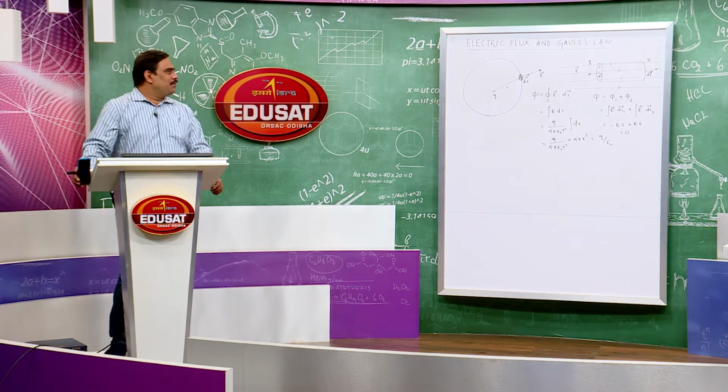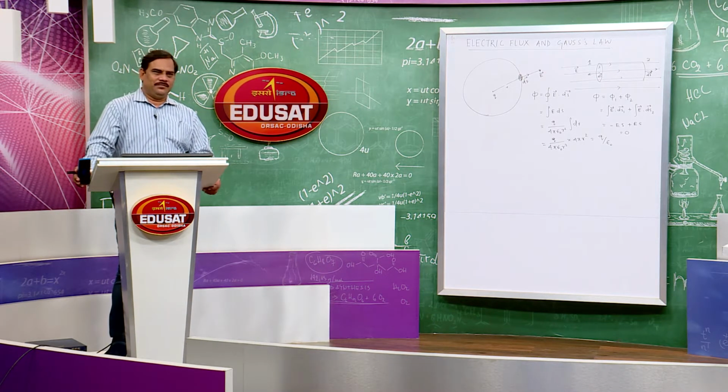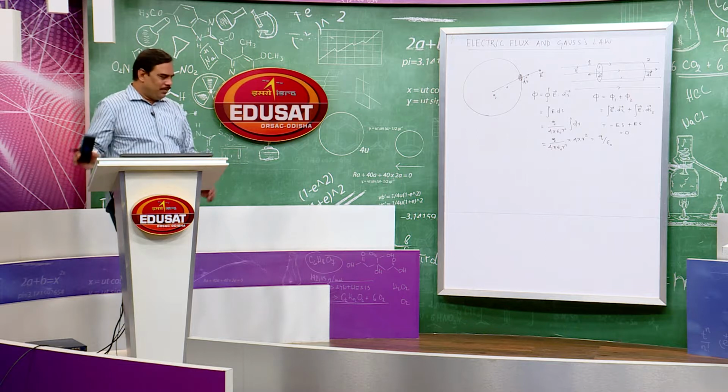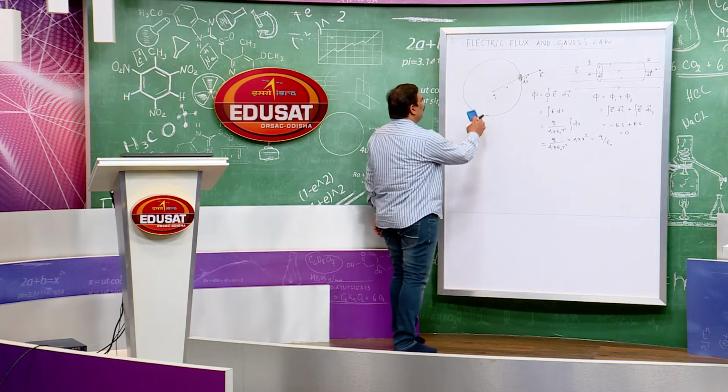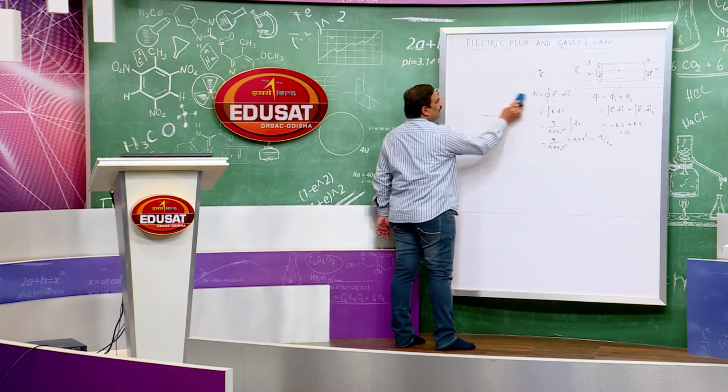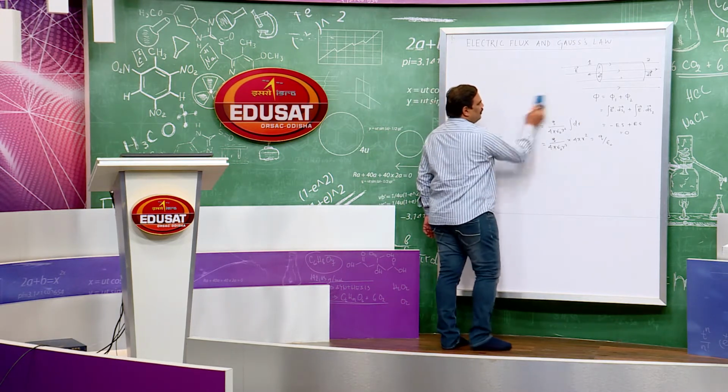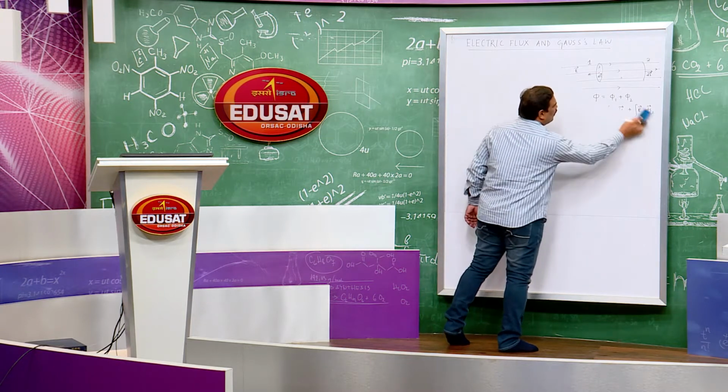So far we have discussed how to calculate the electric flux due to a charge. We may take some more examples. Suppose we have a cone of base radius r and height h, and the electric field is parallel to the base.